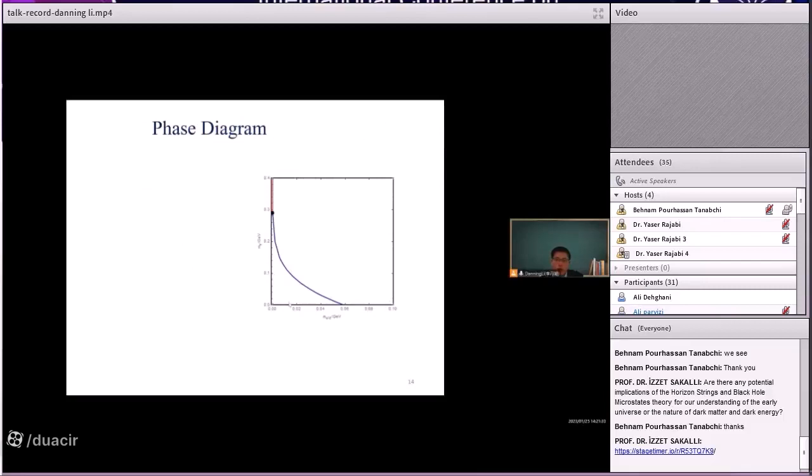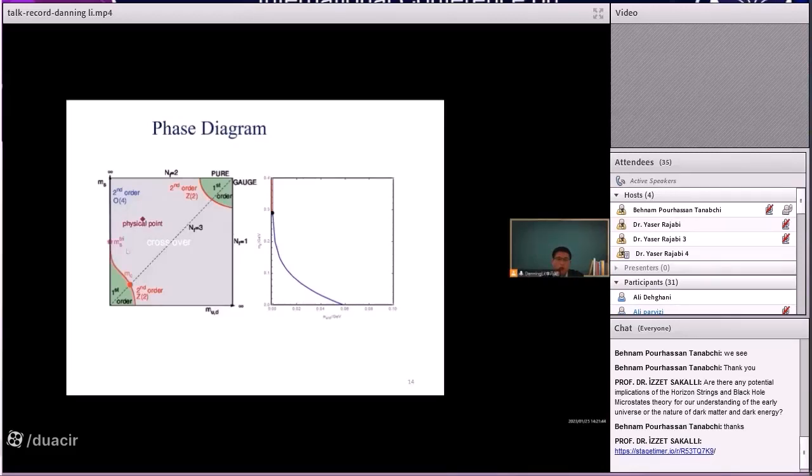In this corner is a first order phase transition, and in this area is a first order one too, and in between them it's a second order phase transition. So we can see that this is very similar to the Columbia plot in the left panel. This part, with chiral symmetry, could be considered a good approximation.